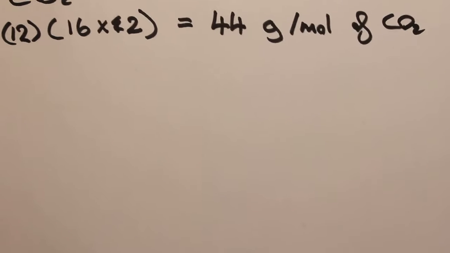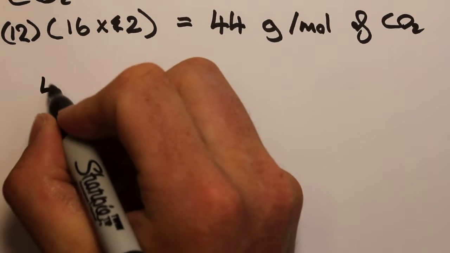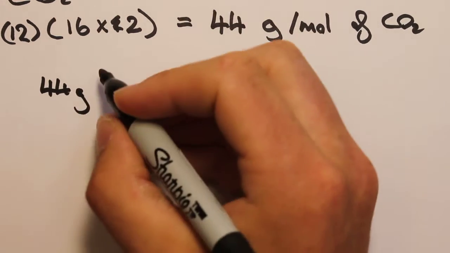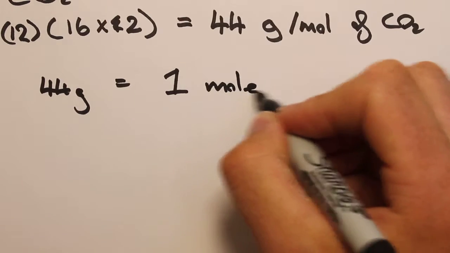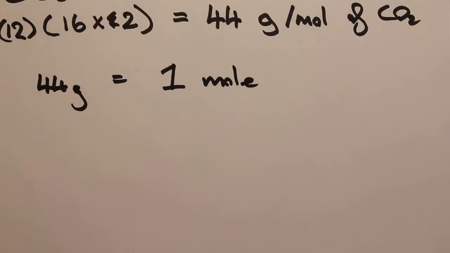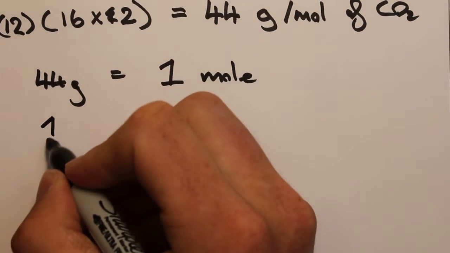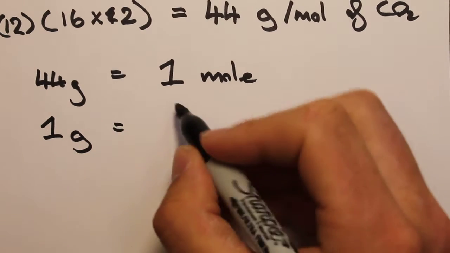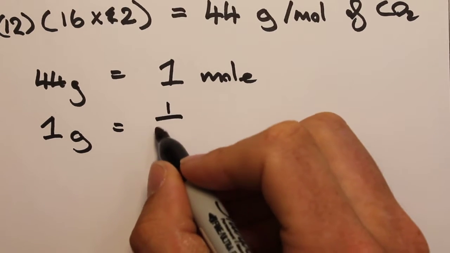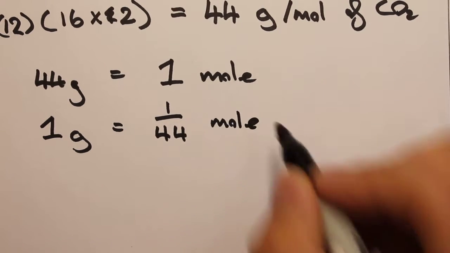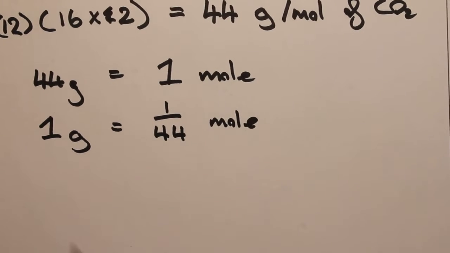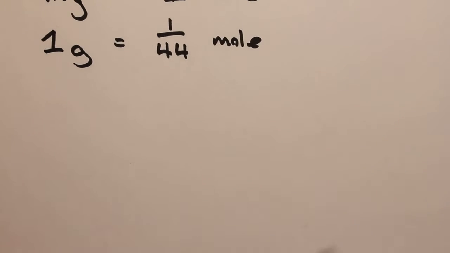So what this is essentially telling us is that 44 grams is equal to 1 mole. Well, what would 1 gram equal? We would divide both sides by 44. Now we're not interested in 1 gram, we're interested in 2000 grams, so we're going to multiply both sides by 2000.